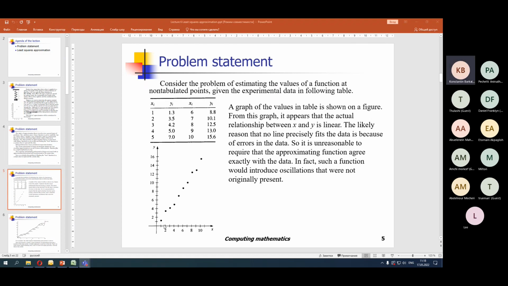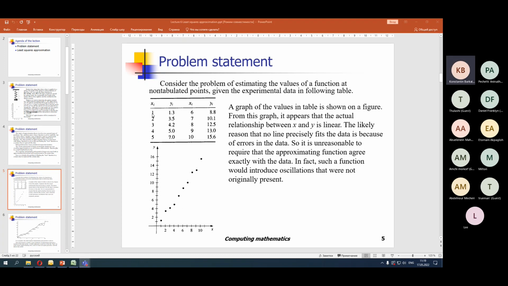Again, let's consider some set of points. And suppose that these points come to us from some experiment. So these points correspond to some experimental data.